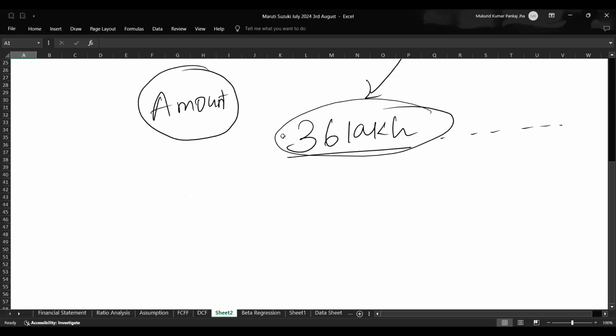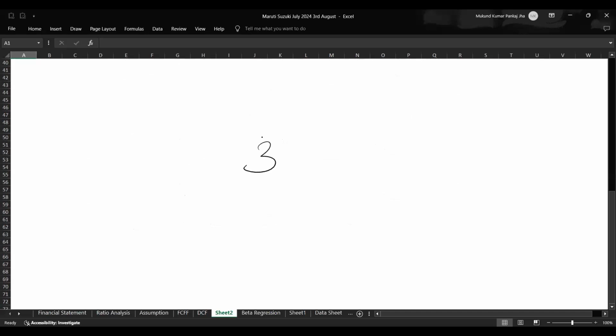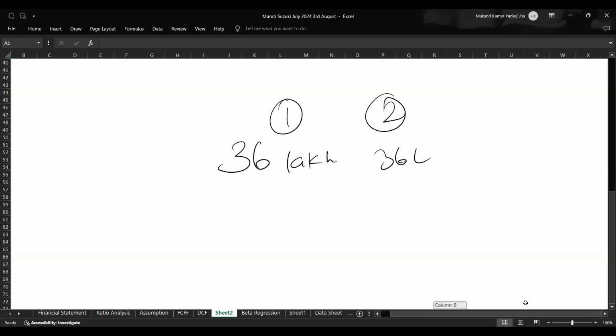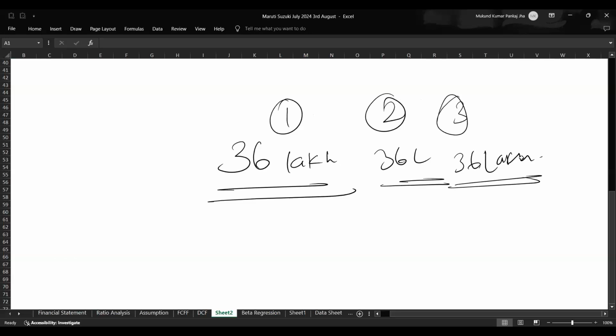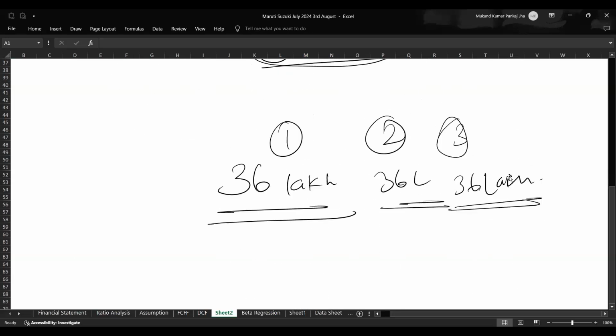So he wants 36 lakh for the first year, second year 36 lakh, third year 36 lakh, and throughout his life, to plan his retirement so that he can live a happy life after retirement as well.